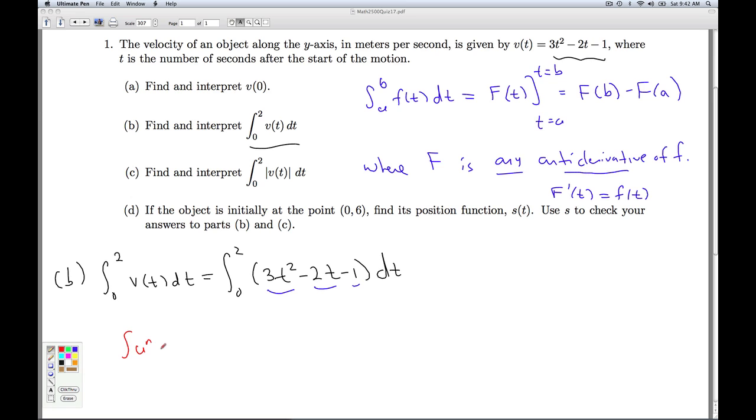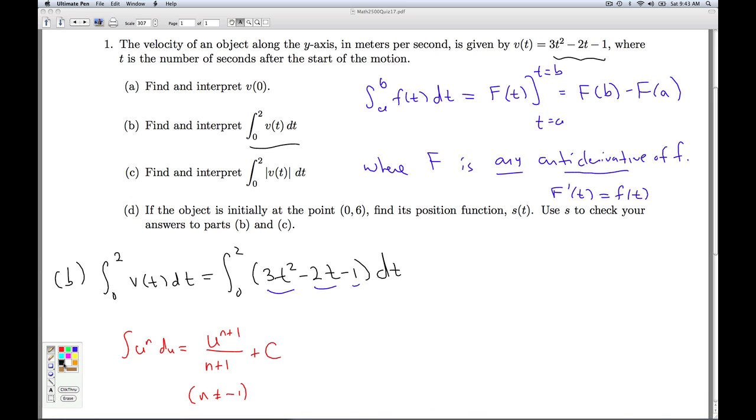Integrating u to the n du, we do the opposite of the power rule we did for derivatives. So instead of subtracting from the exponent, we add 1 to the exponent, and then we divide by the new exponent. Of course, as we mentioned in class, this isn't going to work if n equals -1.